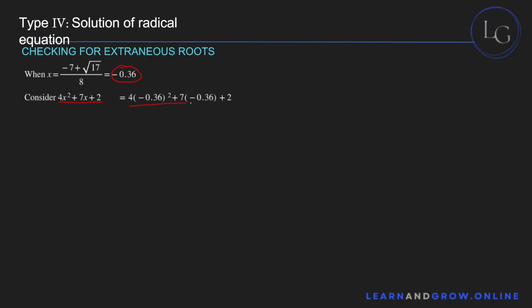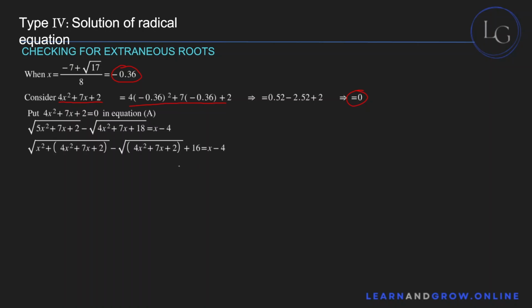So when you do this, this indeed gives you 0. So we know that this term is equal to 0. And now, wherever you find this term in the original equation, you'll put 0 in its place. So this will now become 0. And this particular part becomes 0 as well.